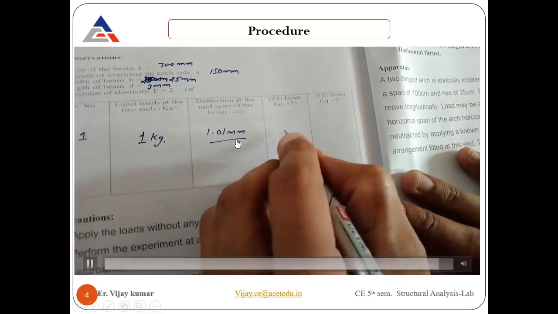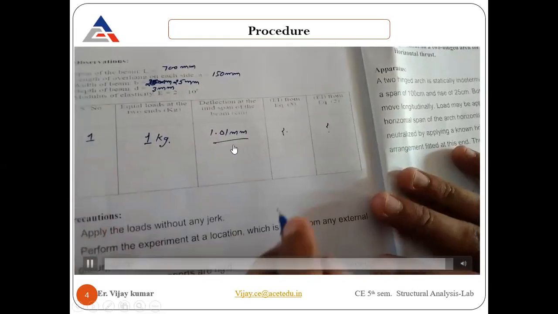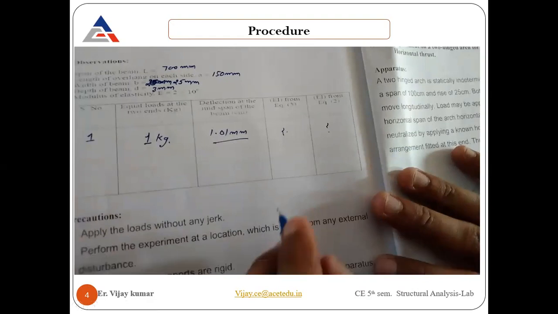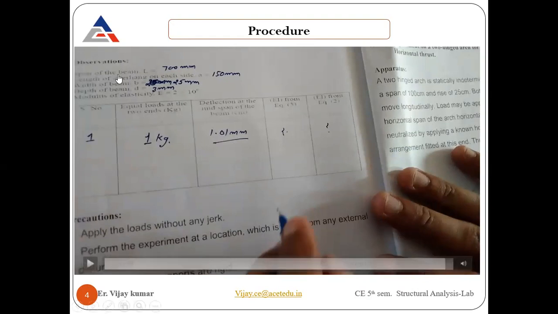You need to calculate the EI value using the relation that we just saw in the previous slide. The span of the beam length is already measured using the scale, 700 mm. The length of overhang on each side is 150 mm, which means 15 centimeter. The width of the beam can also be measured using a vernier scale or a normal scale.